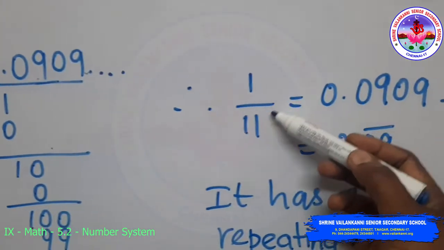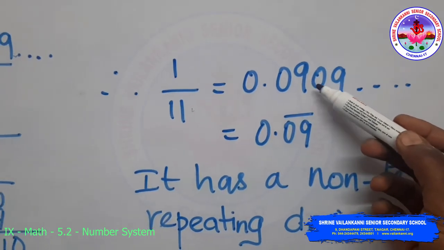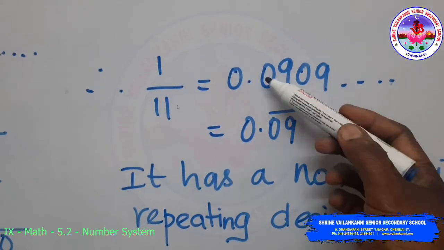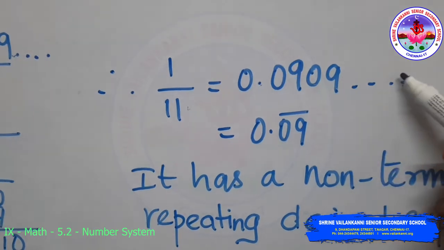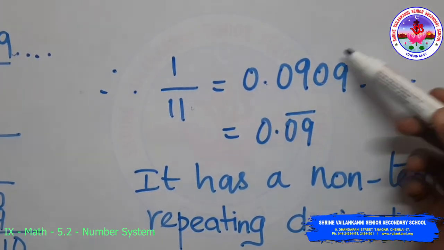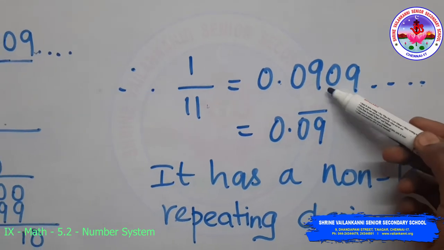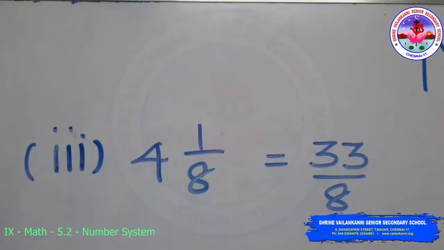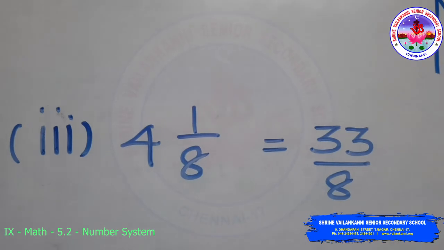So this 1 by 11 has a non-terminating repeating decimal expansion. Since the digits after the decimal point get repeated, we will be calling this decimal expansion non-terminating repeating decimal expansion.